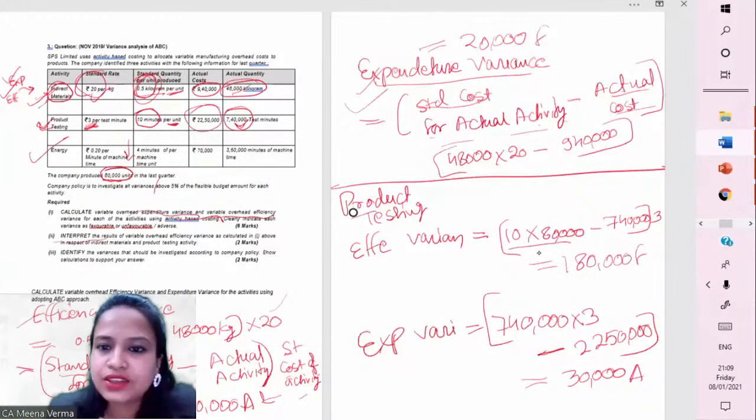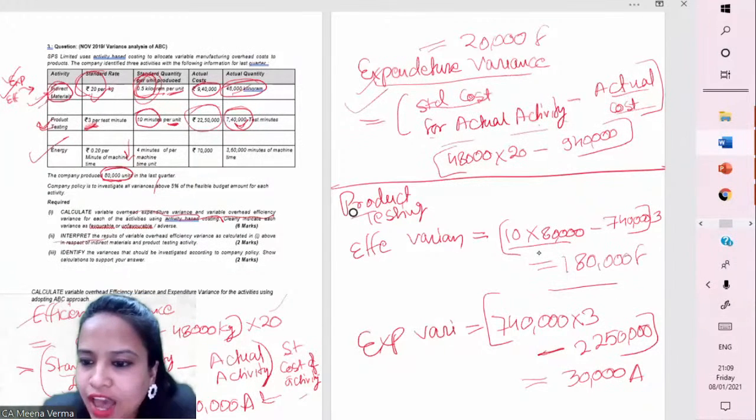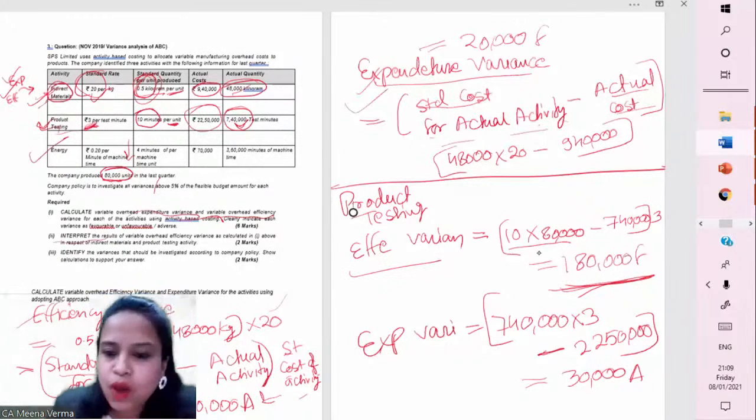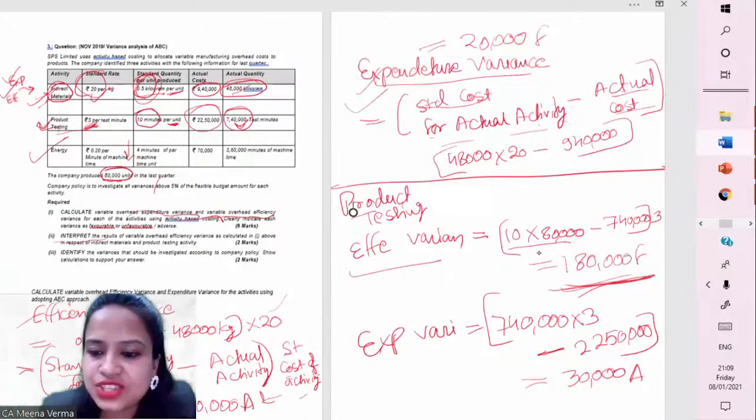So this way, you can see here, for example, efficiency is favorable for product testing. Why is the product testing favorable? It might be possible that now the people are more skilled. That is why they need less time to test the thing. If the people are skilled, it will take less time to test the thing. So such things you may notice and you may write in the question.